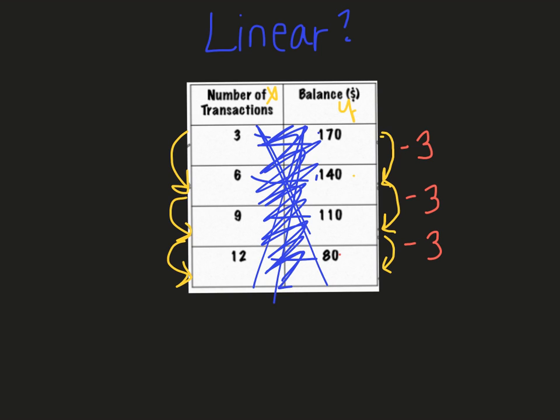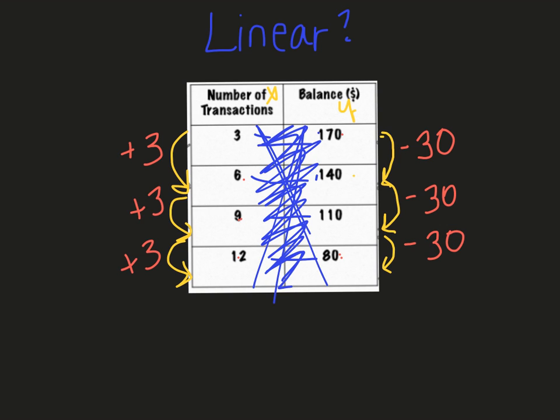Okay, from 3 to 6, it's going up. I'm sorry, not 3, it's 30. Duh. Thought that was weird. It's going up by 3, and 6 to 9, up by 3. 9 to 12, up by 3.